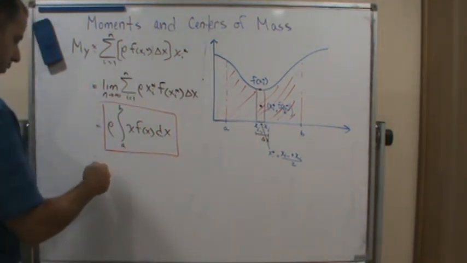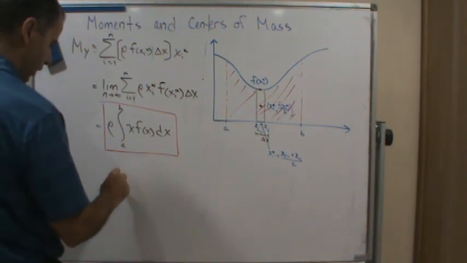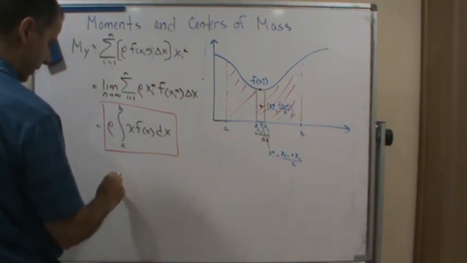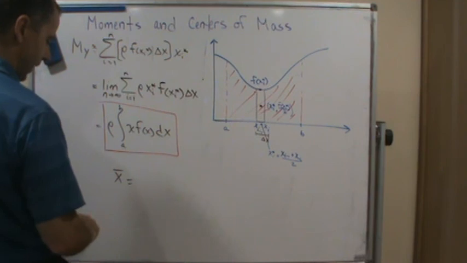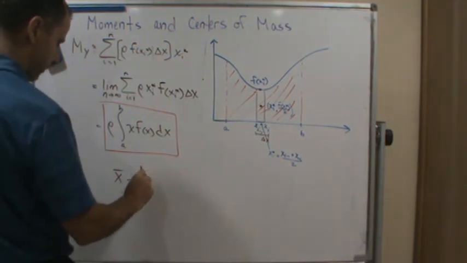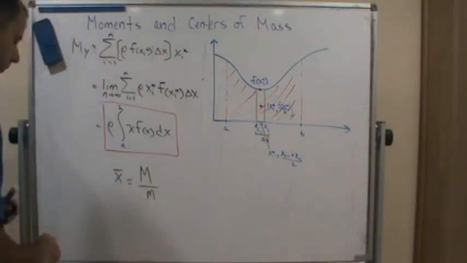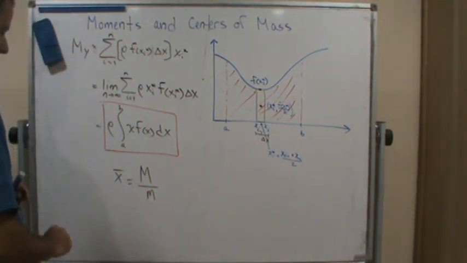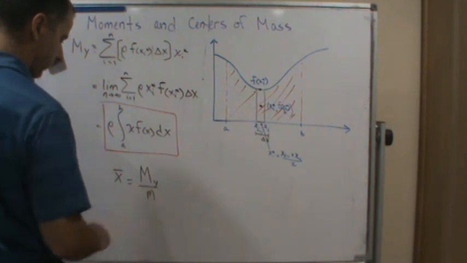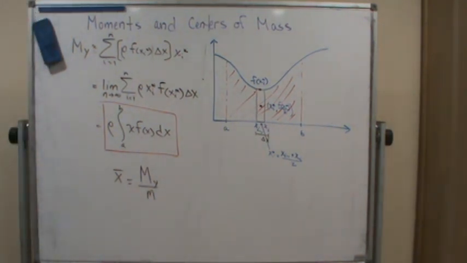Because now that we can do this, we know that the centroid of the lamina is going to be located at x bar equals m sub y divided by m.